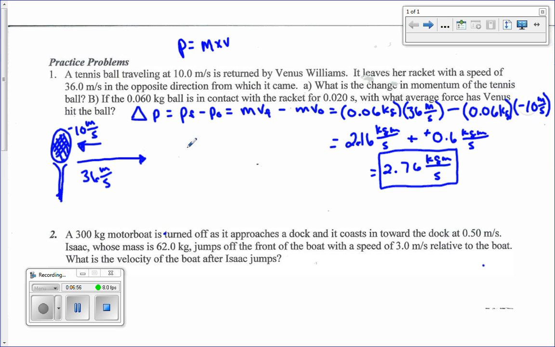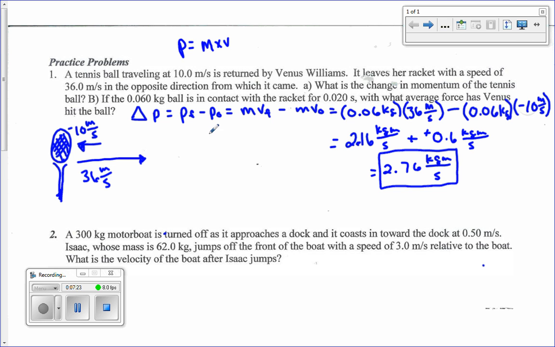Okay, part B. If the 0.06 kilogram ball is in contact with the racket for 0.02 seconds, there's a time, with what average force has Venus hit the ball? Did we learn a formula that included force and time? The impulse formula.